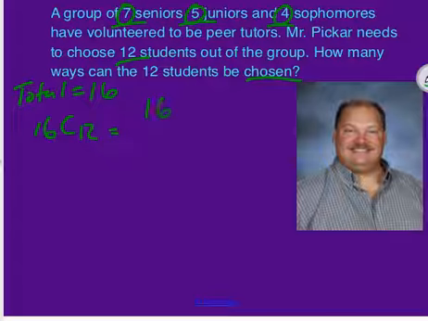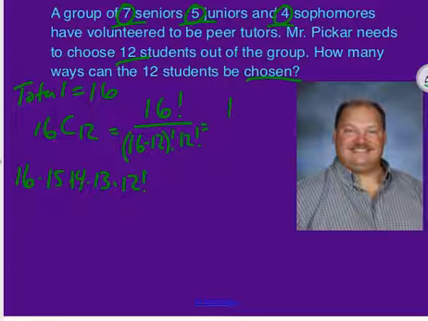So now we got 16 over 16 minus 12 and 12. Now usually what I do is I go 16 times 15 times 14 times 13 times 12 factorial, because this is 16 factorial, 4 factorial, 12 factorial.